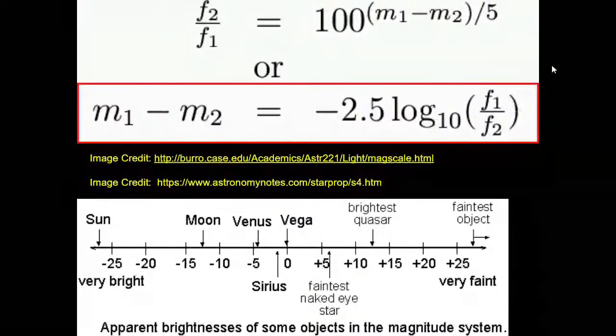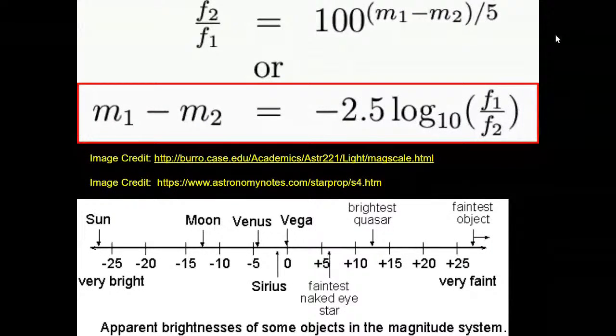If there are two stars, 1 and 2, and your telescope measures flux from star 1 to be F1 and flux from star 2 to be F2, then magnitude M1 minus magnitude M2 is minus 2.5 log 10 of F1 divided by F2. So what does it mean?